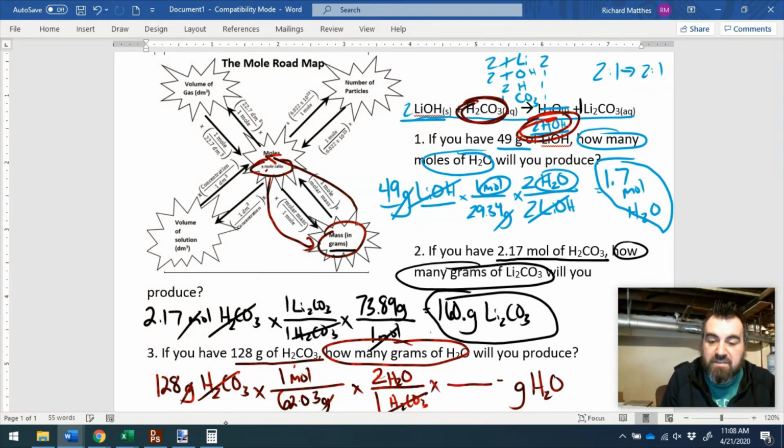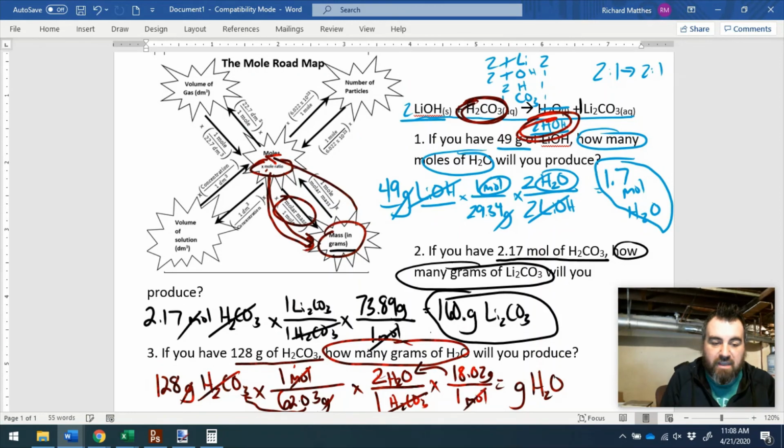Times the molar mass. I'm going from the mole ratio out to mass in grams, so I'm going to use the molar mass of H2O. I always use the molar mass of the substance directly to the left of where the molar mass is, just like right here I was using H2CO3's molar mass. Water is 18.02, which should be memorized, over 1 mole.